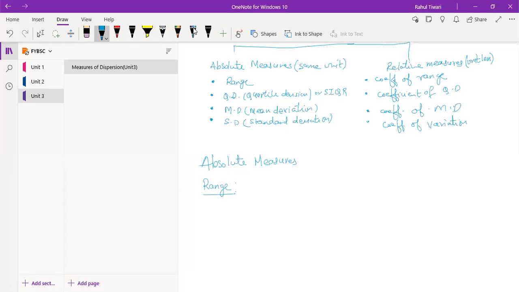Maybe you have found that in some resorts they use range in their applications. In a swimming pool, for the depth of the water, they put one line below which you should not go because it's very deep. That means they have measured the range, and based on the range concept they have made that line.